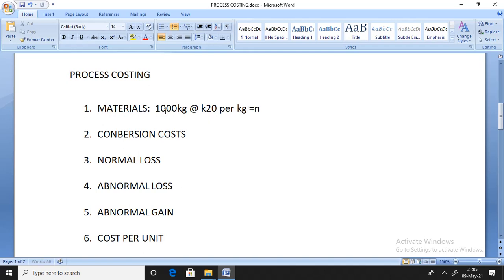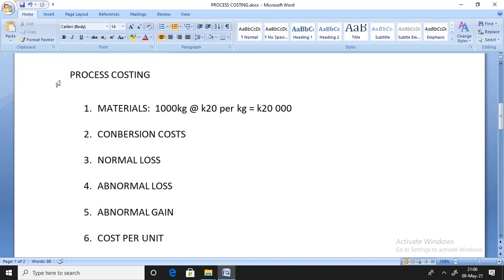Obviously, the cost of these materials input into the process will be 1,000 kg times 20 kwacha per kg. This will be something like 20,000 kwacha worth of materials input into the process.